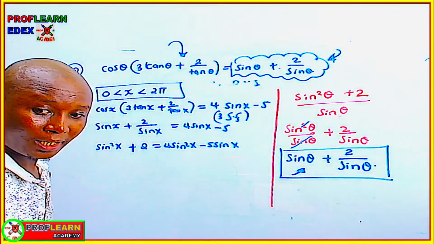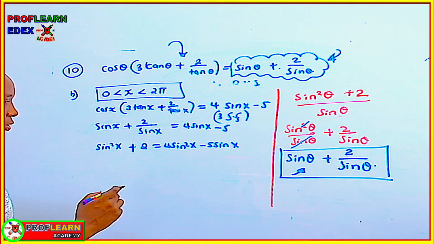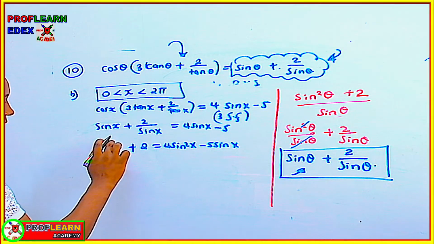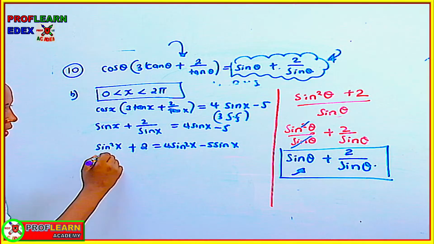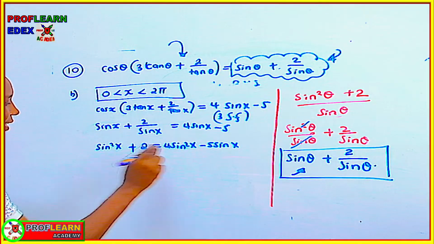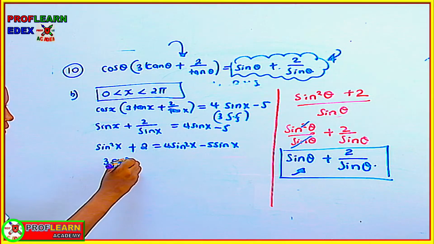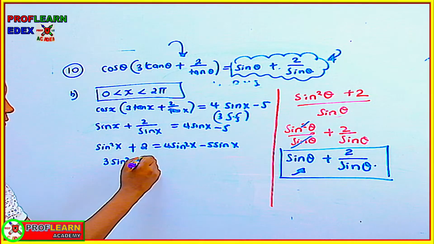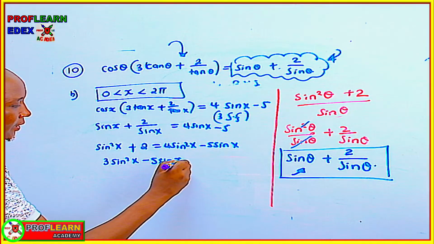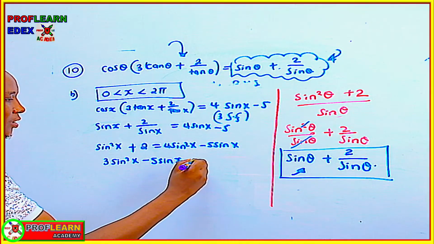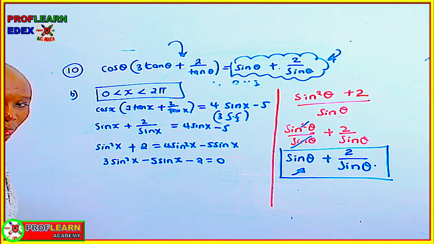So once we have this, what next are we going to do? We are going to put the like terms together. So I'll take this sine on that side and I'll take these two on the other side. So we end up having 4 sine squared x minus sine squared x, which is 3 sine squared x, then minus 5 sine x minus 2, and it's equal to 0.